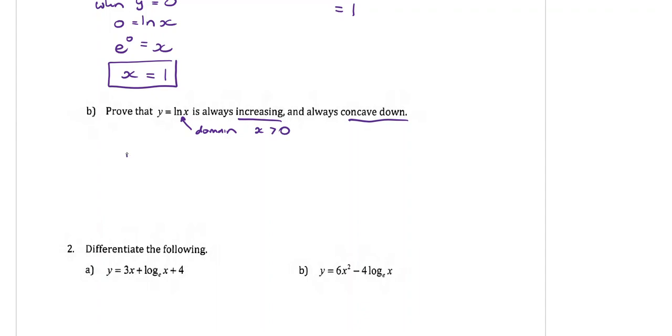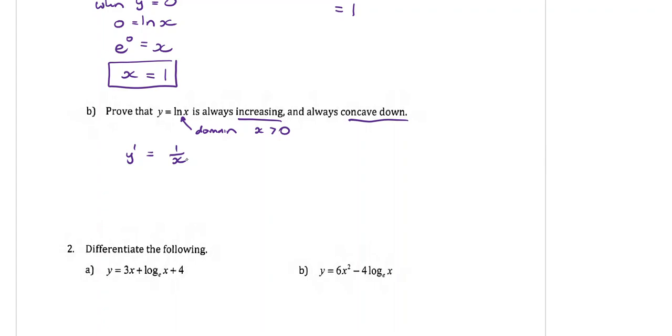So if x is greater than 0, my first derivative, which tells you whether it's increasing or decreasing, if x has to be positive because it's a logarithm, I can only put positive numbers into here. If I can only put positive numbers into here, that means my gradient is always going to be positive.